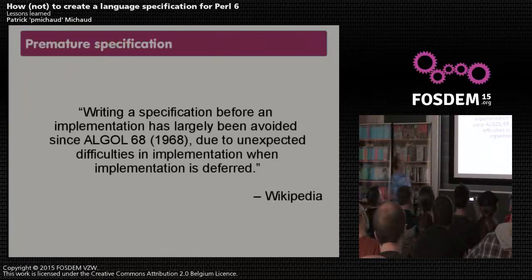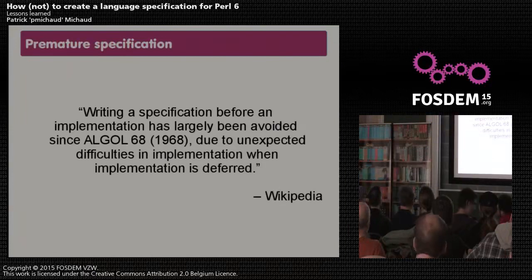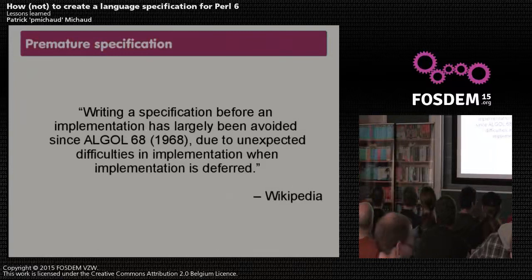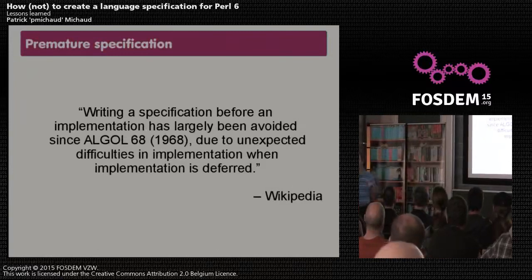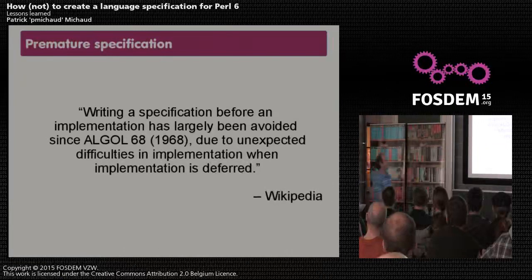Because of unexpected difficulties in implementation when implementation is deferred. This is exactly the experience we had with many parts of Perl 6. That we would create a specification, and we would go and implement it sometime later, and all of a sudden we discovered, oh no, that was wrong. Start over, come up with something quite a bit better. But apparently, this has been known for some time.